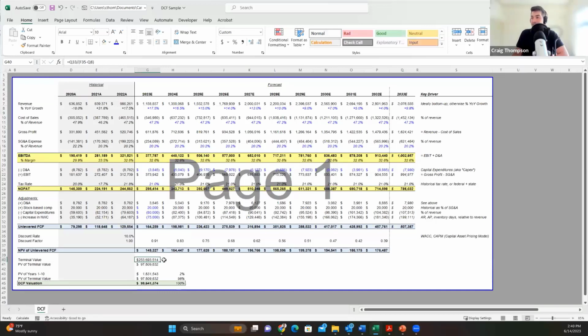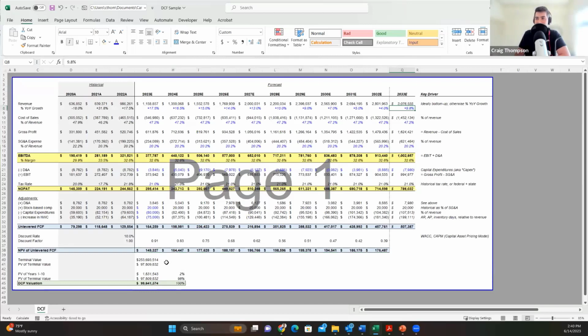And by the way, changing this terminal assumption isn't affecting what I think is going to happen in the next 10 years. This is a particularly acute problem with very high growth businesses that are expected to grow quickly over the next few years. Let's say it really is going to grow 9.8% in perpetuity.